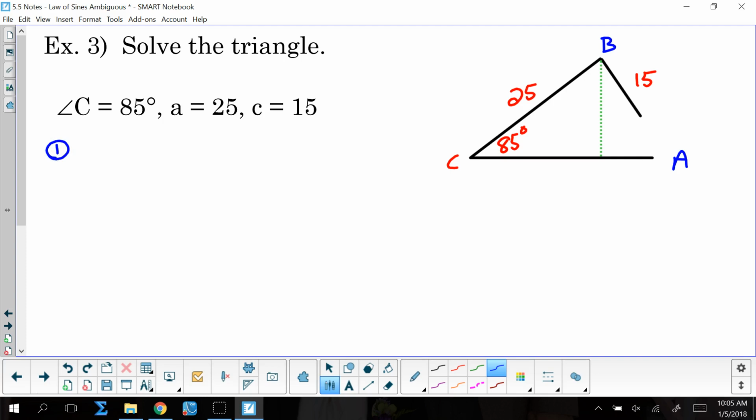Yeah, it is. Angle, side. Second question you have to ask yourself: what kind of an angle is given? Acute or obtuse? It's an acute angle.